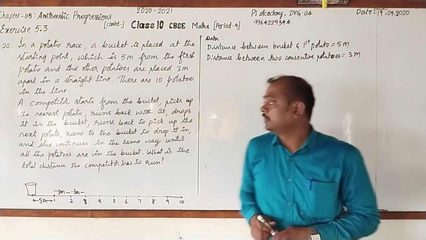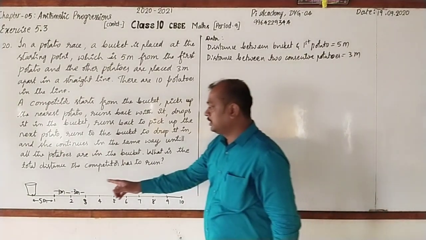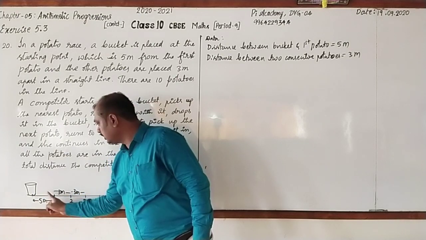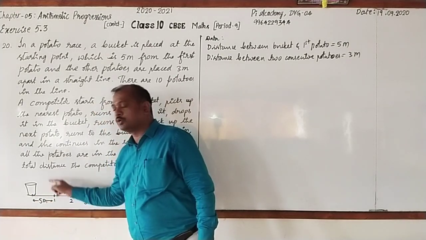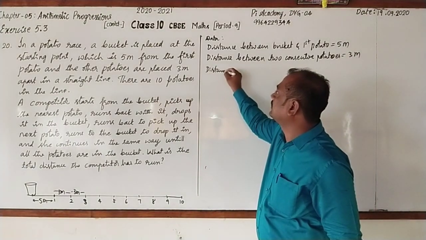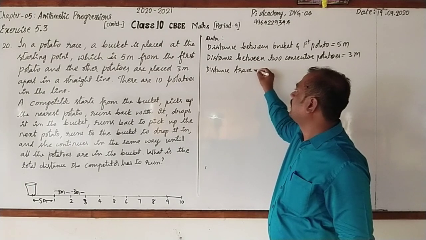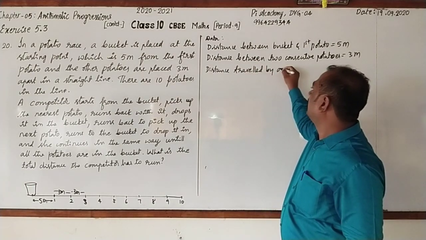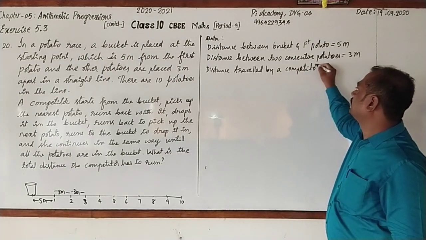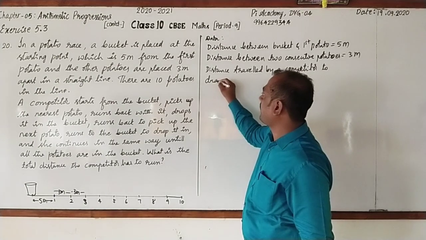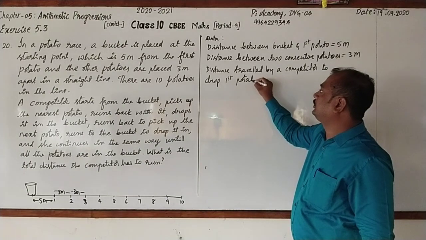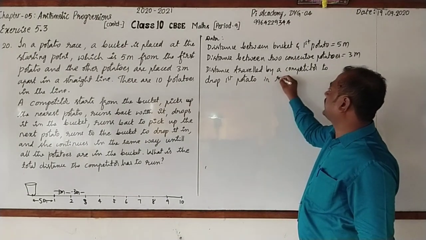Next, now let us write the distance run or covered by the competitor to put the first potato in the bucket. Here I'll write: distance traveled by a competitor to drop first potato in the bucket.